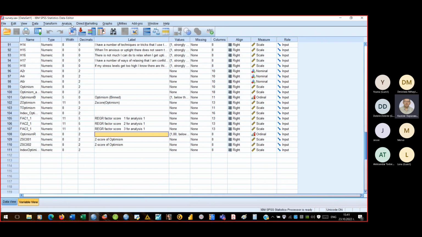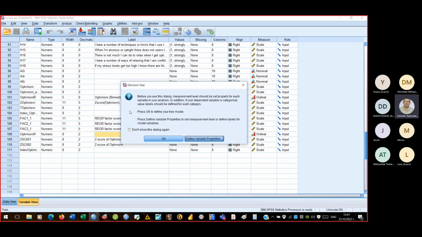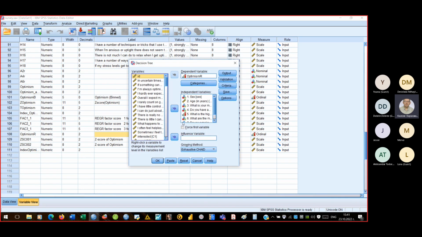So I will choose again analyze, classify, tree. Again we'll press OK, and we'll move optimism R to the left, and we'll move optimism to the dependent variable.